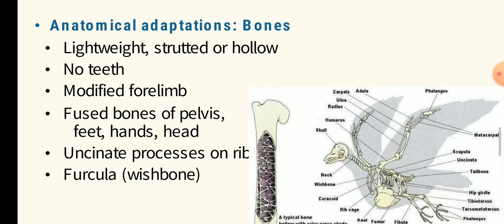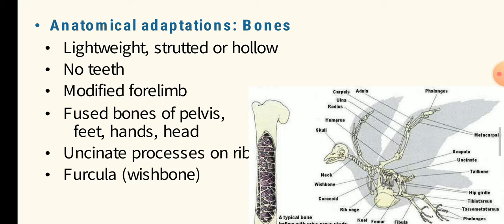Another modification in the endoskeleton is the fusion of the distal tarsal with the metatarsal to form a tarsometatarsus, and that of the proximal tarsal with the lower end of the tibia to form a tibiotarsus. This helps in strengthening the legs for the bipedal mode.